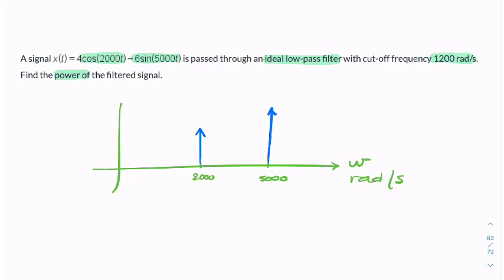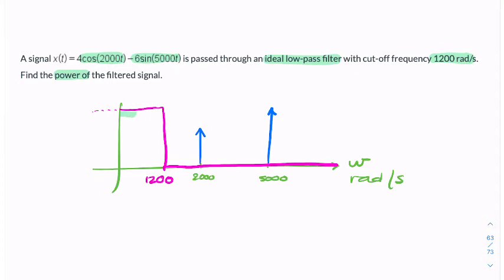Now that's passed through a low-pass filter with a cutoff frequency of 1200 radians per second. So that's somewhere here. Our low-pass filter will have a frequency response that looks like that. Obviously that's symmetric.